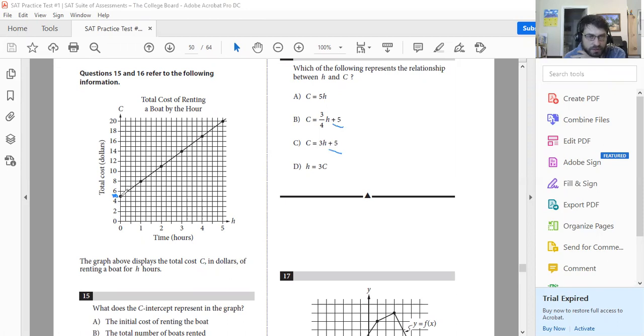And then our rate from 5 to 8 was 3. Up 3, and this is actually only over 1 because if you look at the graph, you got 4 spaces to the 1. So our slope will be 3 over 1. And this will be our equation. Let's clear that out.